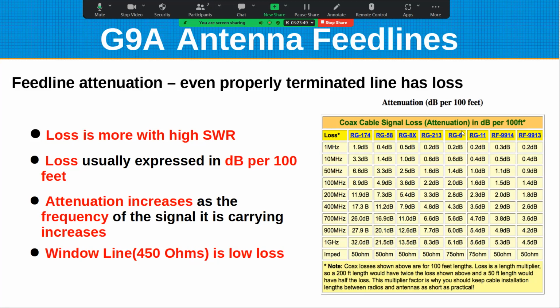Window line, which is not in this, it doesn't have any of the twin leads, is much lower loss than most of these. And ladder line is lower loss than window line. But it's not as convenient to use.